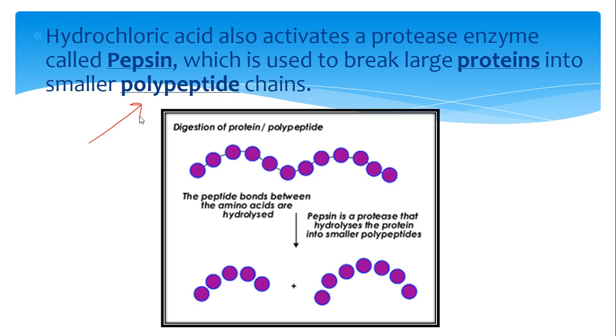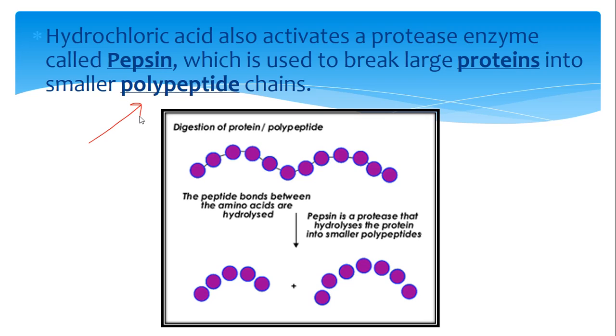So if you'll recall, a polypeptide is a big, long, straight chain of amino acids. What's the difference? What's a protein? Right, it's twisted up and it's three-dimensional. So pepsin's job is to take those twisted up proteins and basically stretch them out and maybe make one or two cuts. By no means does pepsin fully digest proteins.